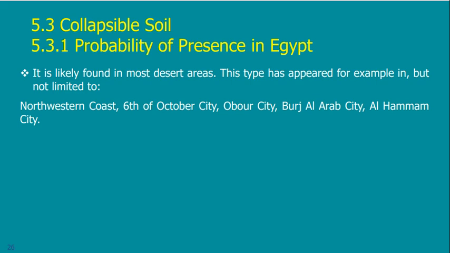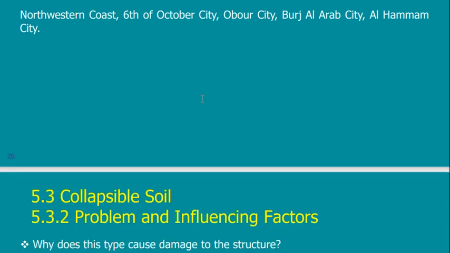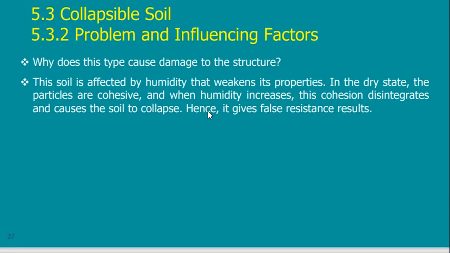You will find a strip below an area. In this location was a low area. So when the flood came, it just followed the path of this low area. So that's why it is found in Egypt. Now you know why it is there and why it is affected by water.